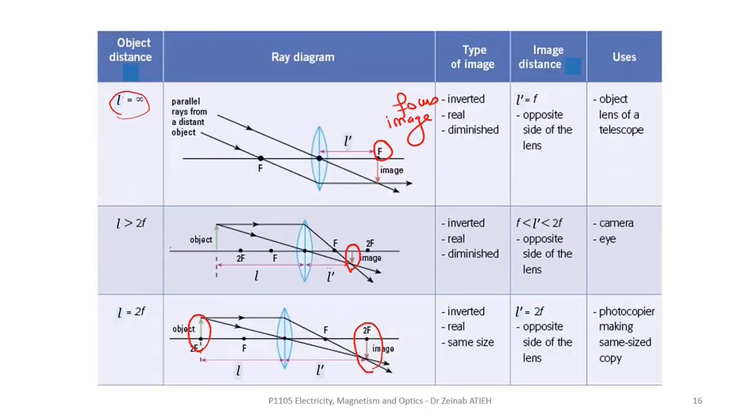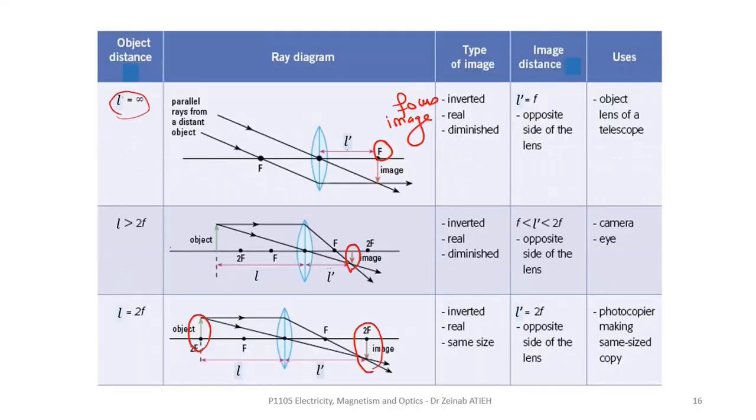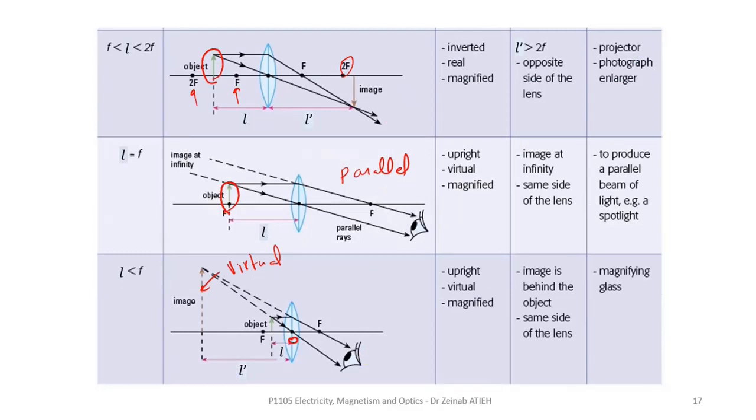The converging lens always gives a real image except between F and O. So everywhere else I have a real image, except when the object is between F and O, where the image is virtual. Between infinity and 2F, the image is diminished. At exactly 2F, the image is equal to the object, the same size, and between 2F and F it is magnified. Okay, and that's it. This is what we have to keep in mind.